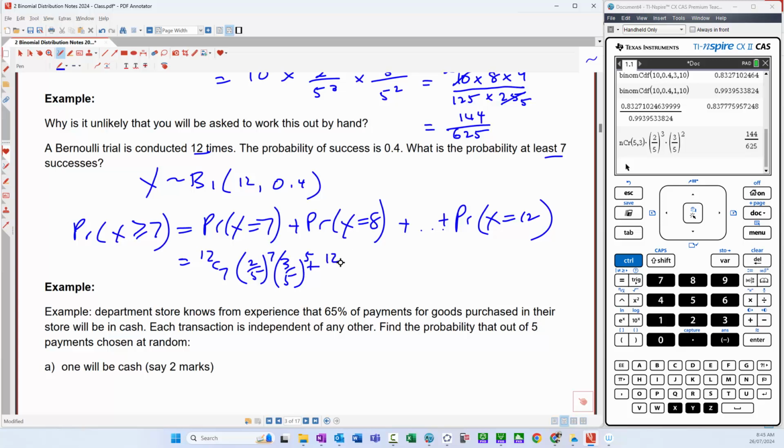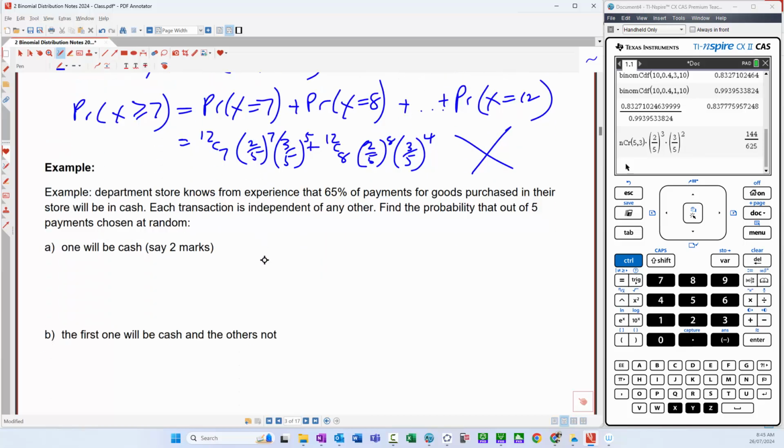This one here is going to be 12 choose 8. Okay, and you can see that this is just not going to happen. I'm into number crunching and quite enjoy it, but that one there, I've got no chance. 4, etc., etc. So this is not going to happen. That'll be a tech active question.